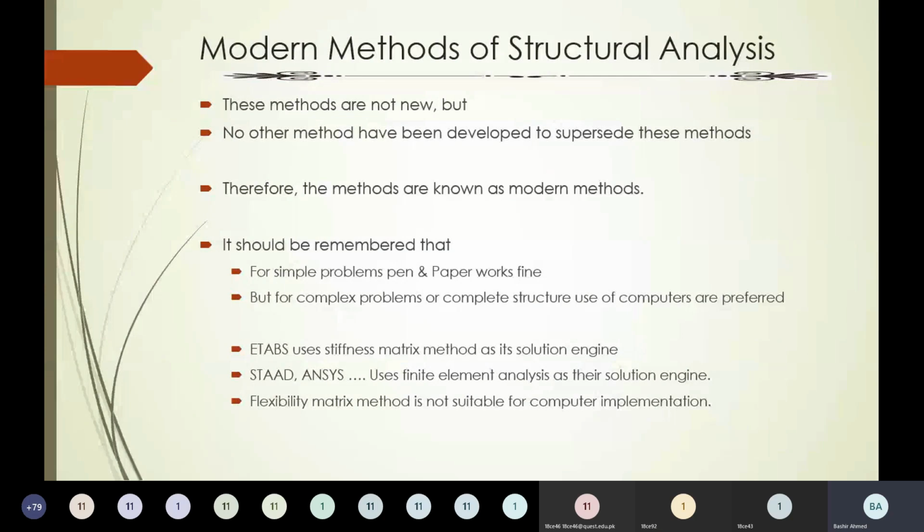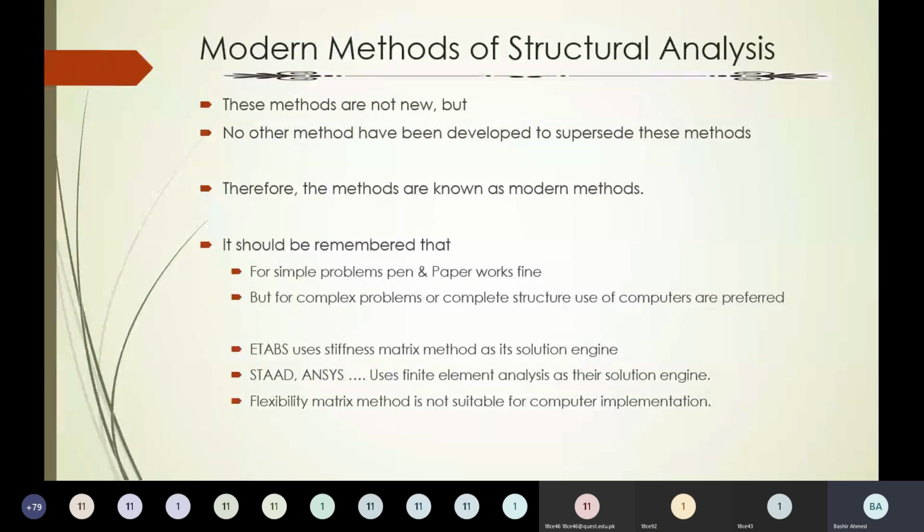But on the other hand, every code, no matter whether it is ACI, BS, Indian standard, Pakistani standard, Euro standard, or whatever standard it is, all say that even if the bending moment is zero and the requirement of steel is zero, you should use minimum steel to deal with future uncertainties. This is extra steel, 100% not required, but to deal with future uncertainties, we have to use it.